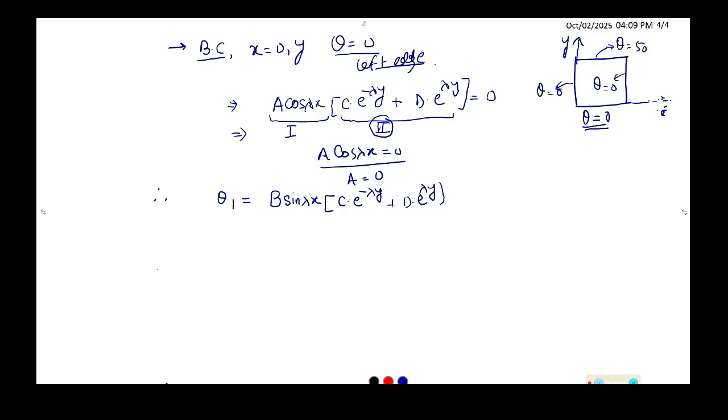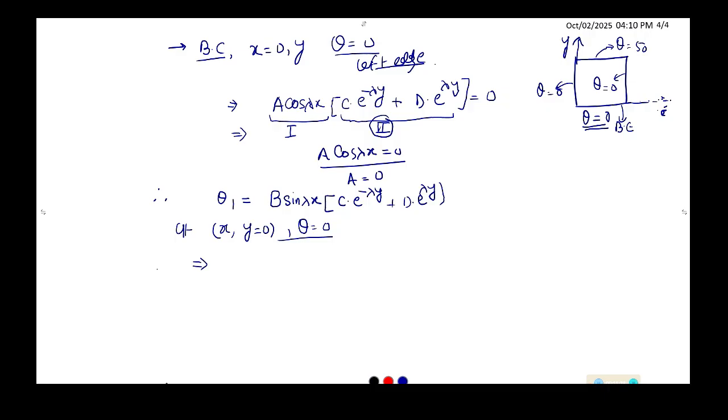Now again using the boundary condition at the bottom edge, where y equals 0, we have the value of theta as 0. So we are applying the condition at the bottom edge. What will happen in this case?